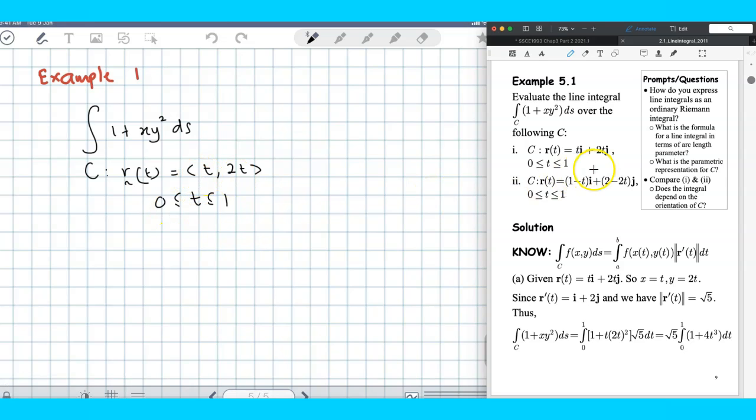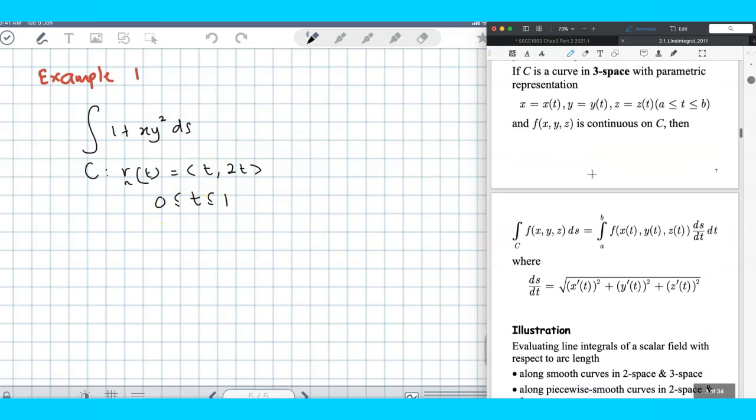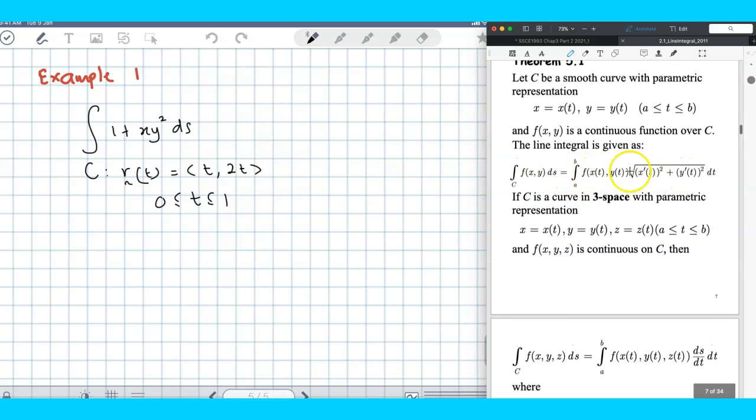If you look at the technique in general, after you compute the speed, everything should be in terms of t, because you integrate the integrand with respect to t, and you have to have the limit of t.